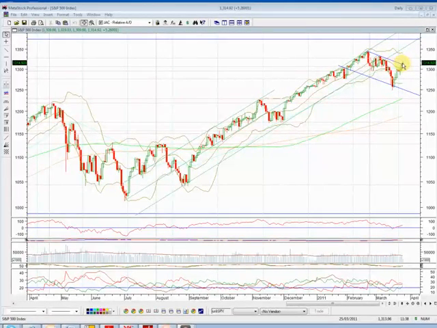So we are breaking up that downward trend line today, and if the market closes with enough strength, that's a very good indication that we might be going for the former top that was at 1340 some. So the market is showing some strength, not a lot yet, but it's a very good indication that we might be going for the former top.